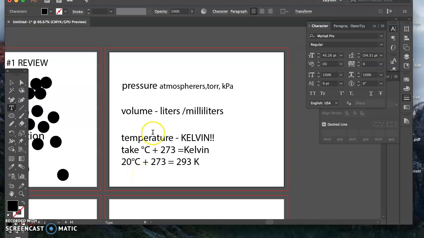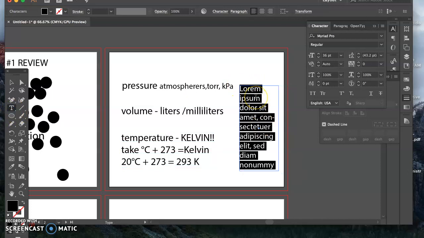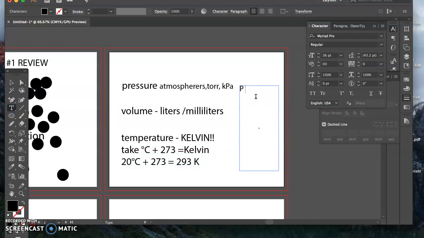All right, so let's look at the relationship between these really quickly. If the pressure goes up, what happens to the volume? Well, let's write this in a little chart. So if P goes up, sorry about that.